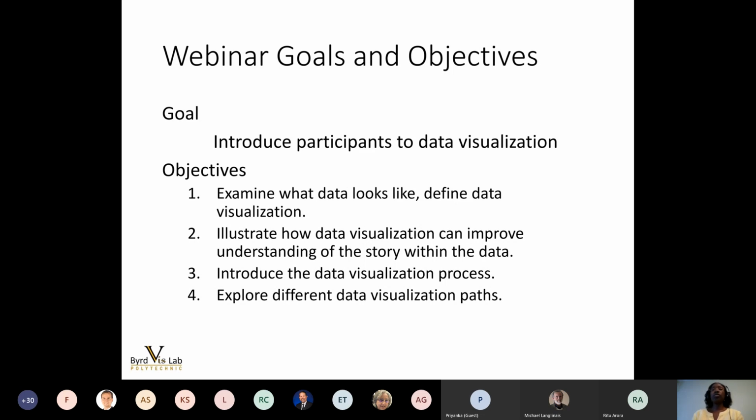We are also going to revisit the data visualization process I introduced yesterday, briefly, to get everyone on the same page, so we know what our next steps are, and then explore different data visualization paths. These are the objectives I hope to work towards over the course of this week-long data visualization webinar.